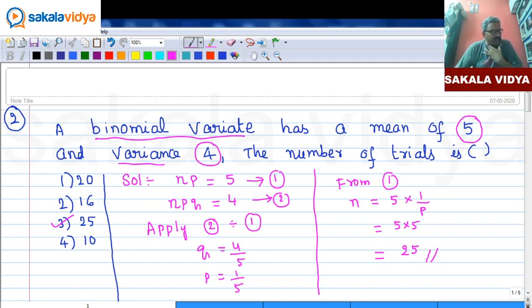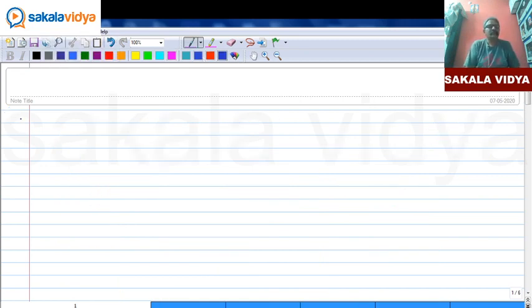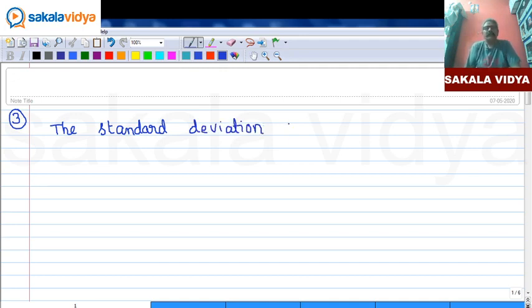Third question. The standard deviation of the binomial distribution q plus p whole to the power of 16 is 12.